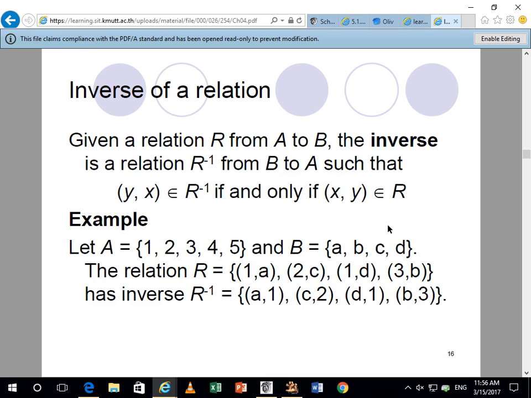Relation, we define it this way. Then the inverse relation, we simply flip the ordered pair to get the inverse. So xy becomes yx. Okay, very simple concept. The inverse of a relation is the flipped ordered pair.